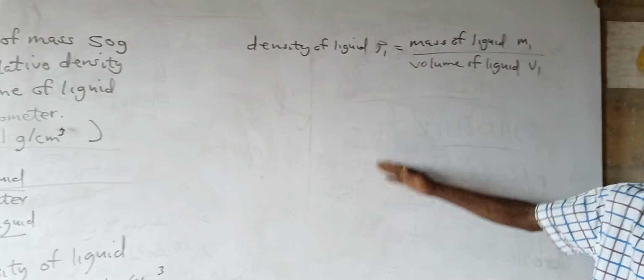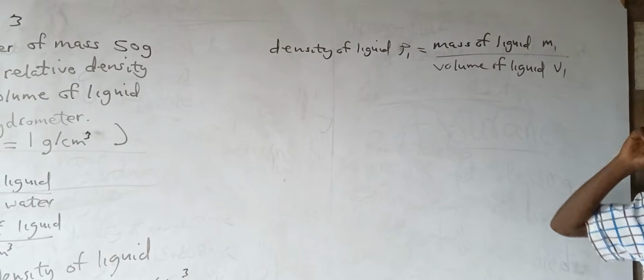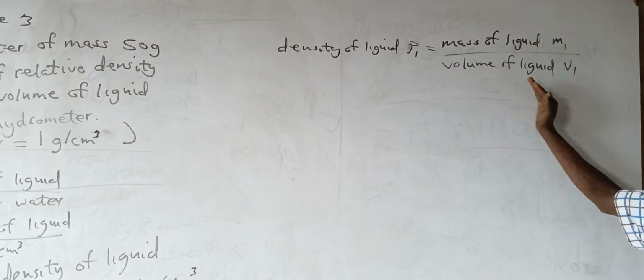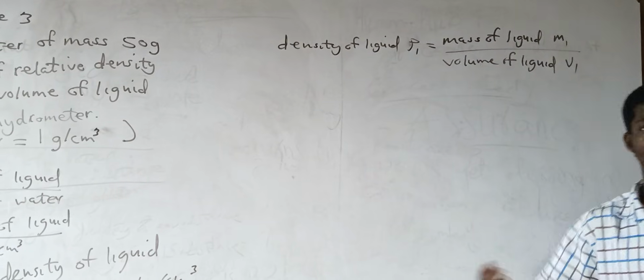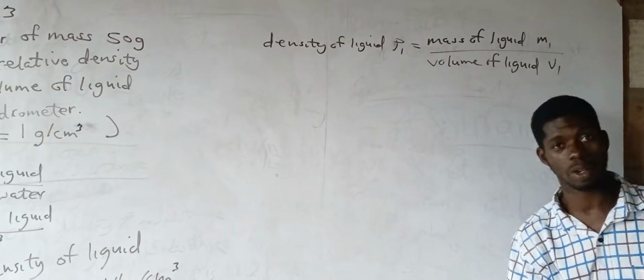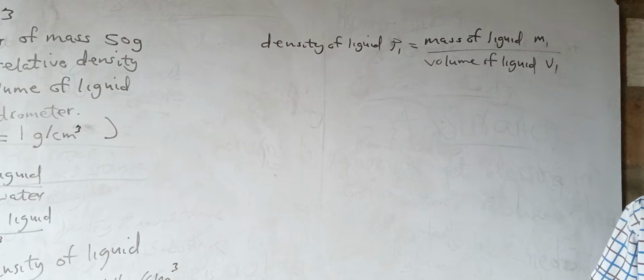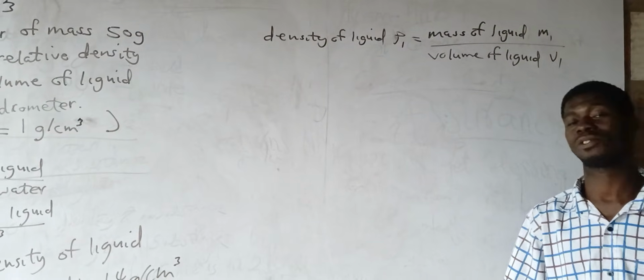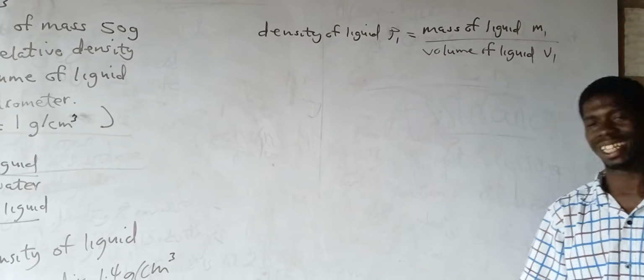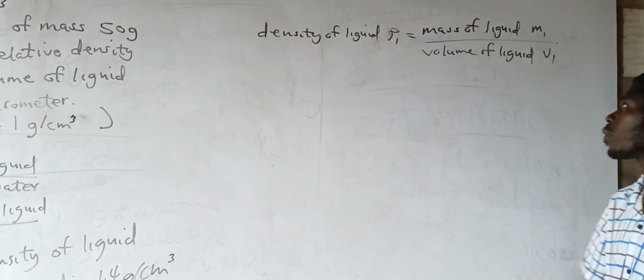Okay. So now we know the density of liquid. Density of liquid is equal to mass of liquid over what? Volume of liquid. So you already know the formula for density, right? Yes. That's why we will arrive at this one.